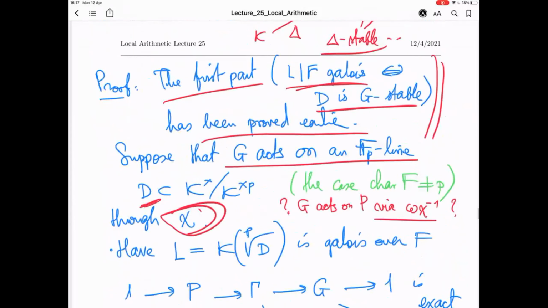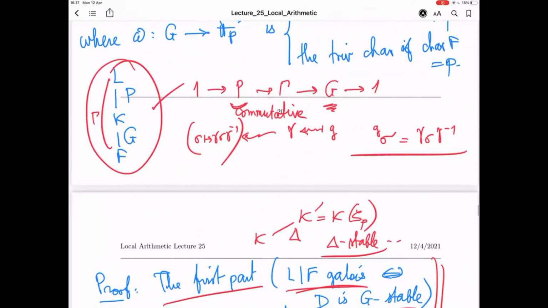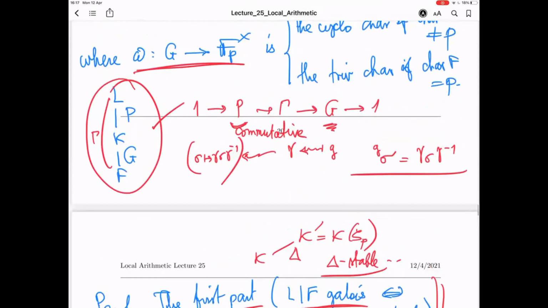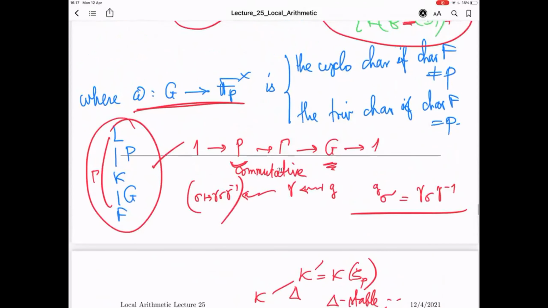Here is how G acts on P. And omega is this cyclotomic character. Of course, this is there only when the characteristic of F is different from P. And it's just a trivial character when the characteristic of F is equal to P. There are no pth roots of unity. In my case, no primitive pth root of unity when the characteristic of the field is equal to P.